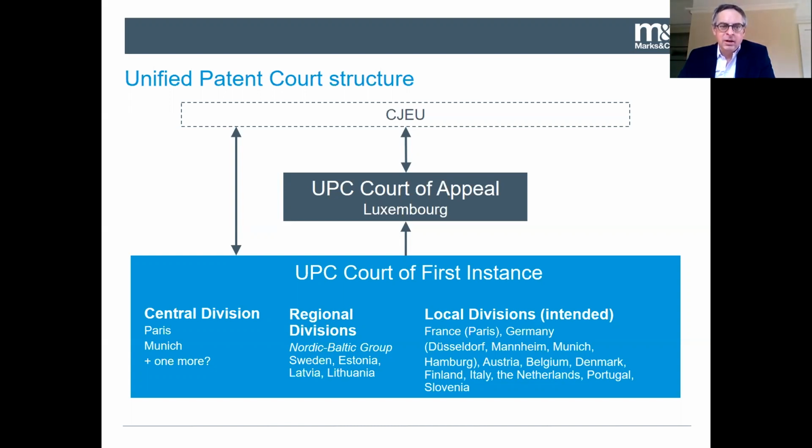Even if initially we see local divisions in different countries taking different approaches, for example, to preliminary injunctions, we would expect the Court of Appeal, over time, as it hears more and more cases, to set down guidance on procedural matters, for example, and rules on the law on substantive issues that will then be followed by all the first instance divisions.